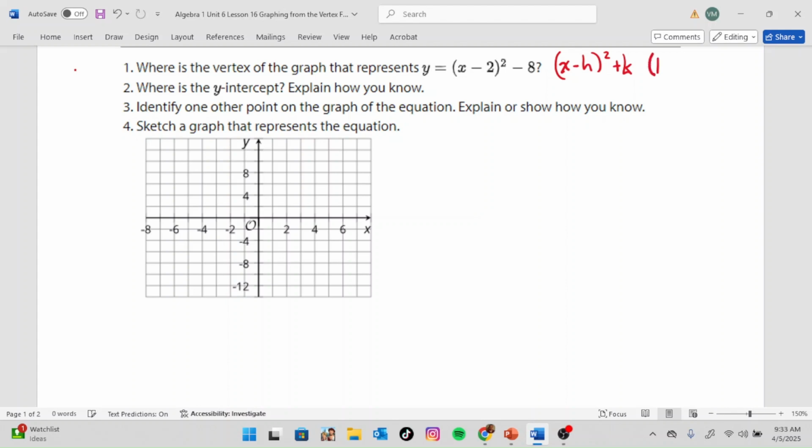So this means we're looking for h and k. And in this case, h is going to be 2, and k is going to be -8. So we know that the vertex is at (2, -8). So I can go over to +2, down to -8, and I can plot my vertex.